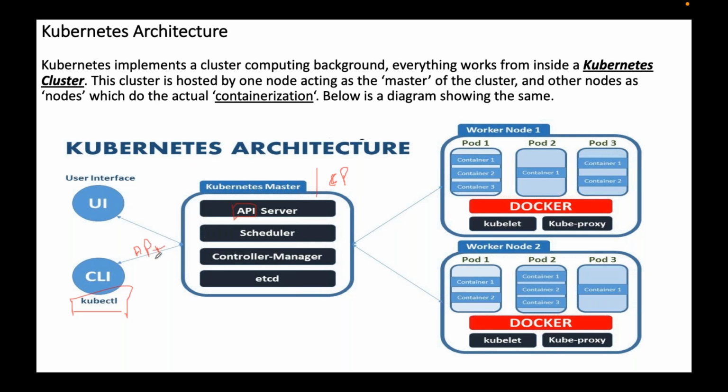Those API calls will be processed by whom? In the control plane, in the master, who will receive that API call, validate that request, and process that request? This API server. I am requesting, using this command, to create a pod or container. The first request goes to the API server.